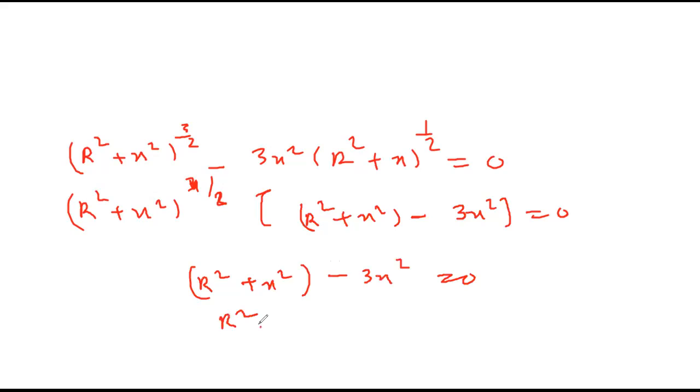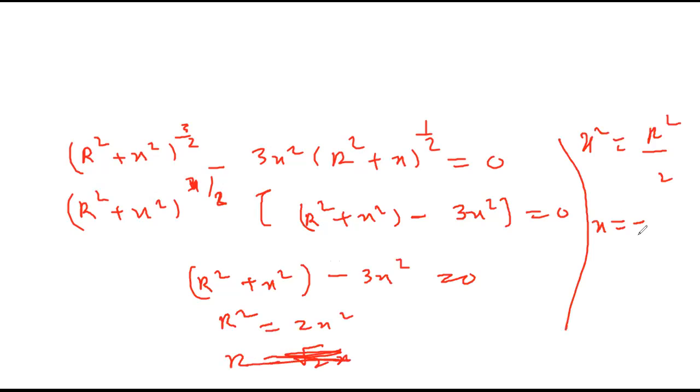So r square equals 2x square. Therefore, r will be root 2 x. So when you take the square root, x square is r square by 2. So x is plus or minus r upon root 2. That means either on the right or left at distance r by root 2, E will be maximum.